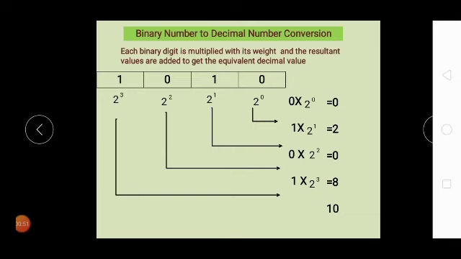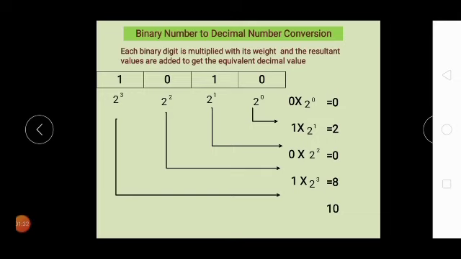In order to convert it into a decimal number, we multiply each digit with its weight, and then all the resultant values are added. In 1010, starting from the right side, the weights of these digits will be 2 power 0, 2 power 1, 2 power 2, 2 power 3. So when we multiply, we get 0 into 2 power 0, 1 into 2 power 1, 0 into 2 power 2, 1 into 2 power 3.